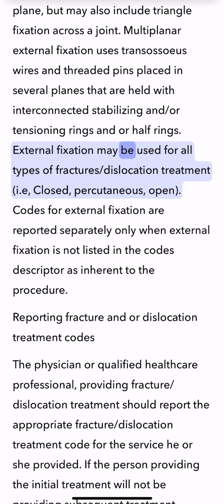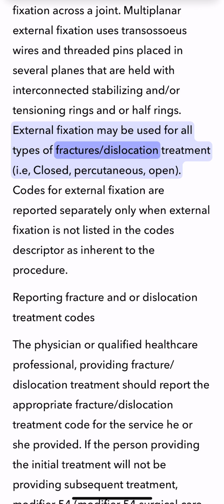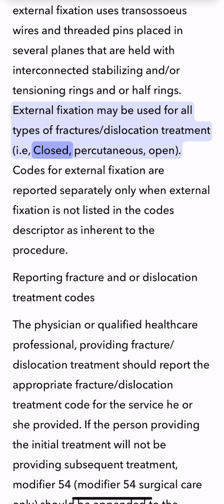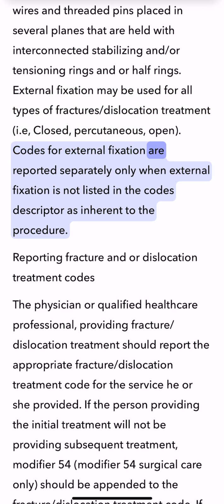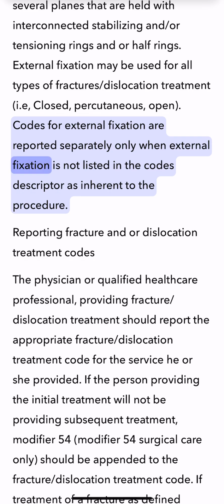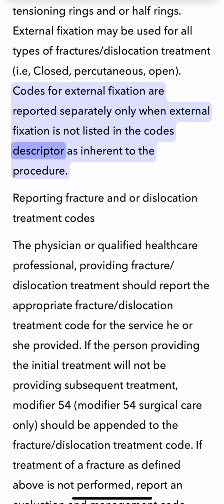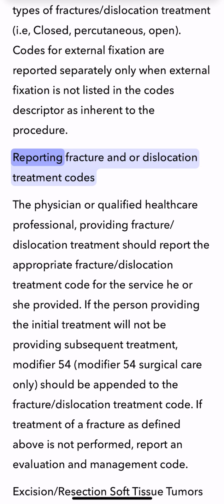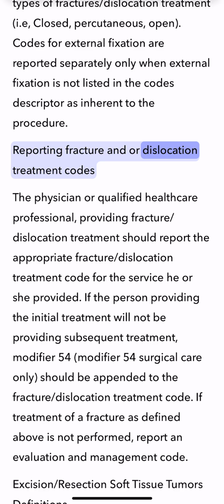External fixation may be used for all types of fracture dislocation treatment, that is, closed, percutaneous, open. Codes for external fixation are reported separately only when external fixation is not listed in the code's descriptor as inherent to the procedure. Reporting fracture and/or dislocation treatment codes.